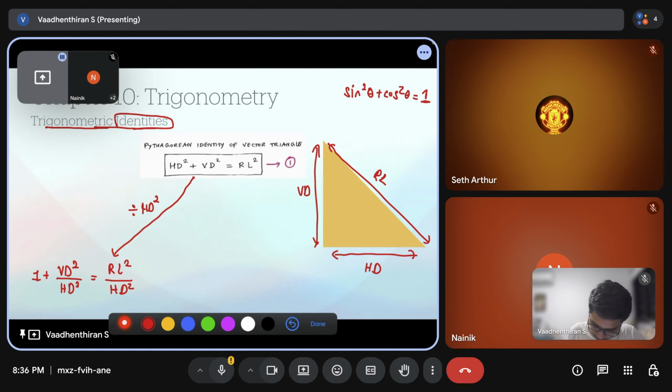Now, what is VD squared by HD squared? Considering that we take the angle here, this is the angle theta. So VD over HD, that will be the tan, right?